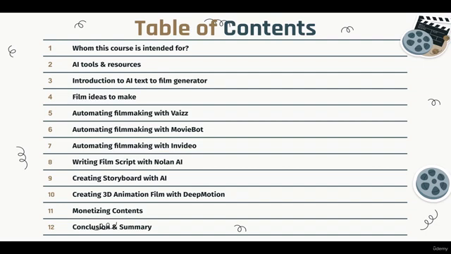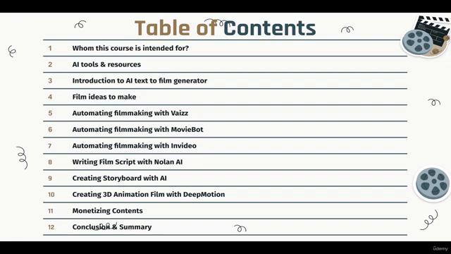You're going to learn how to convert text into a film automatically using AI. That's amazing, right? You can just type in whatever you want and then click generate, and in a couple of seconds AI is going to generate the film that you want. So that's very cool. Okay, so we're going to talk more about that in the first chapter.